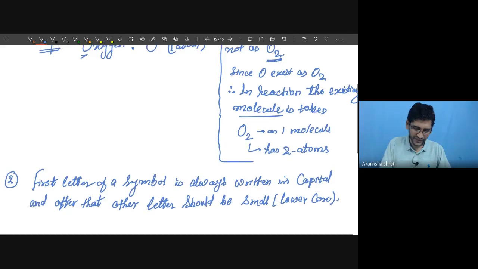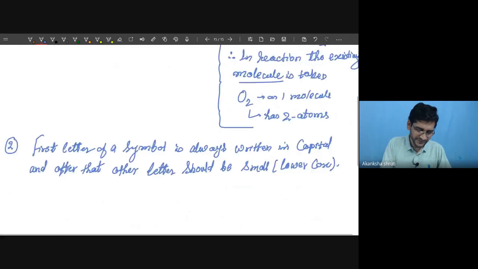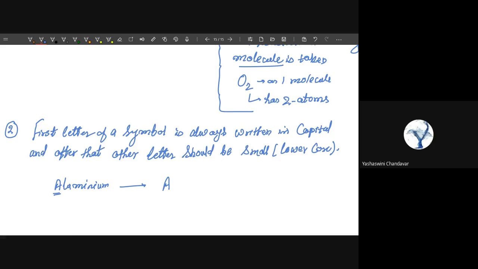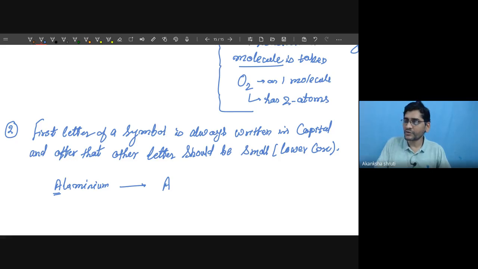So for example, if we are considering aluminium, then the symbol must start with A, Al. With this A, there could be another element.